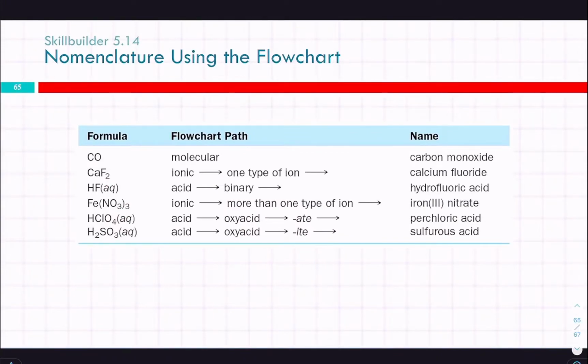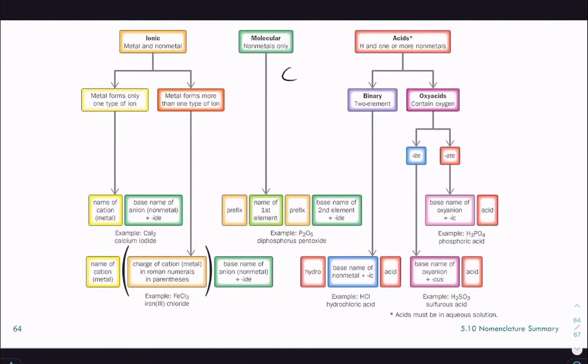Let's do carbon monoxide. We would say this has carbon and oxygen, so it's nonmetals only. Remember, metals are everything to the left of the red zigzag line on the periodic table. So we'll name it using the molecular nomenclature rules: a prefix, the name of the first element, a prefix, and the name of the second element. We named this one before, but this would be carbon monoxide.